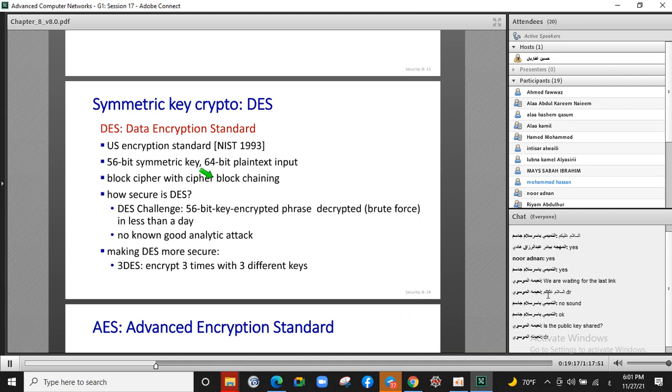In each of those steps, we try to encrypt, replace, and enhance the message during each of those 16 steps.